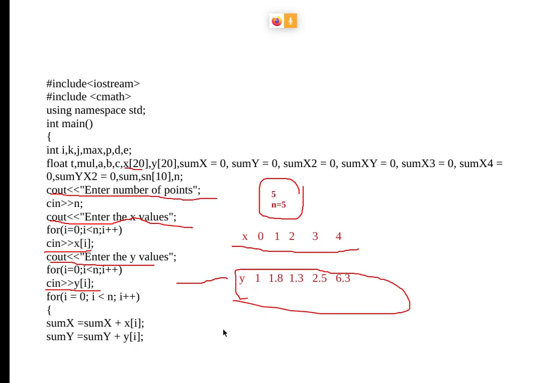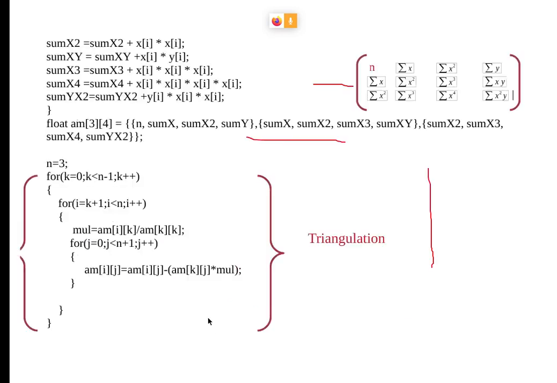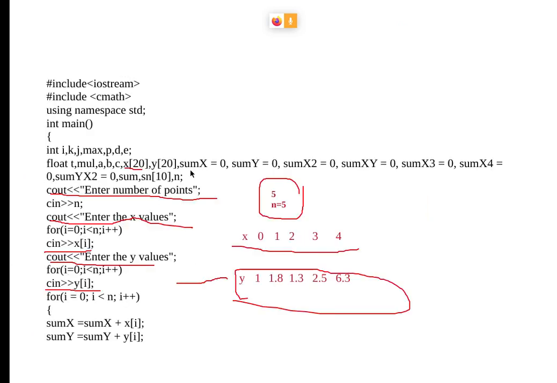Next I need to form the equation. If I want to form the equation, I need to find sum of x square, sum of y and sum of x. All these values I need to find. For each sum I have declared some variables.